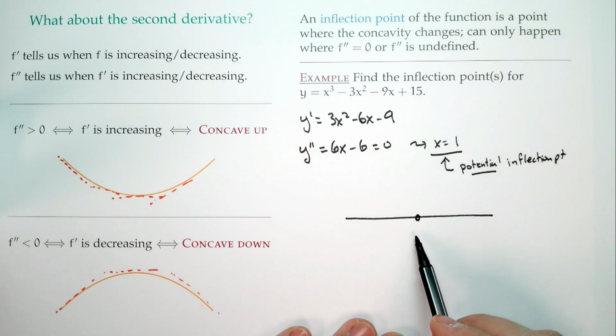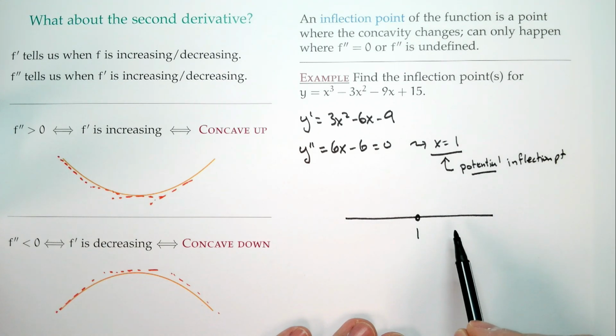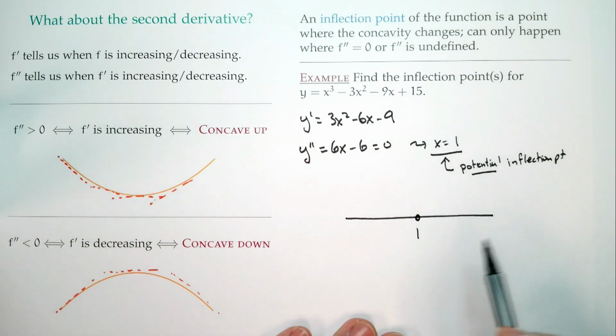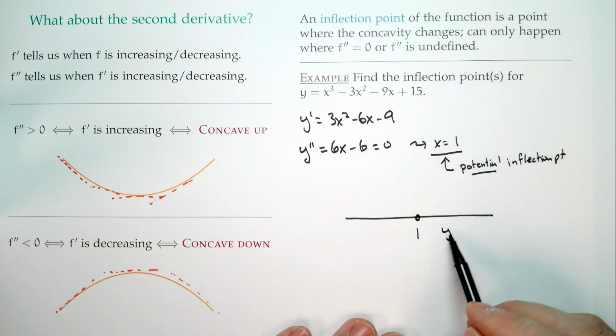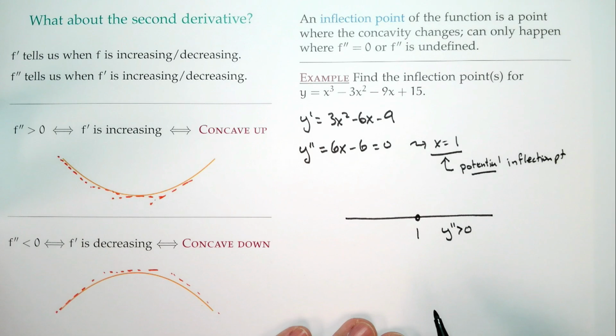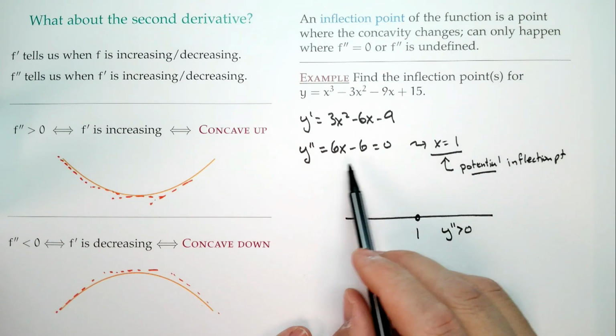Well, we say, okay, we'll mark a line. Here's 1. And we pick a value above 1, say, I don't know, 2. Plug it in. 12 minus 6 is positive. That says the second derivative is positive over here. And then we pick a value below 1, say 0, we get negative 6.